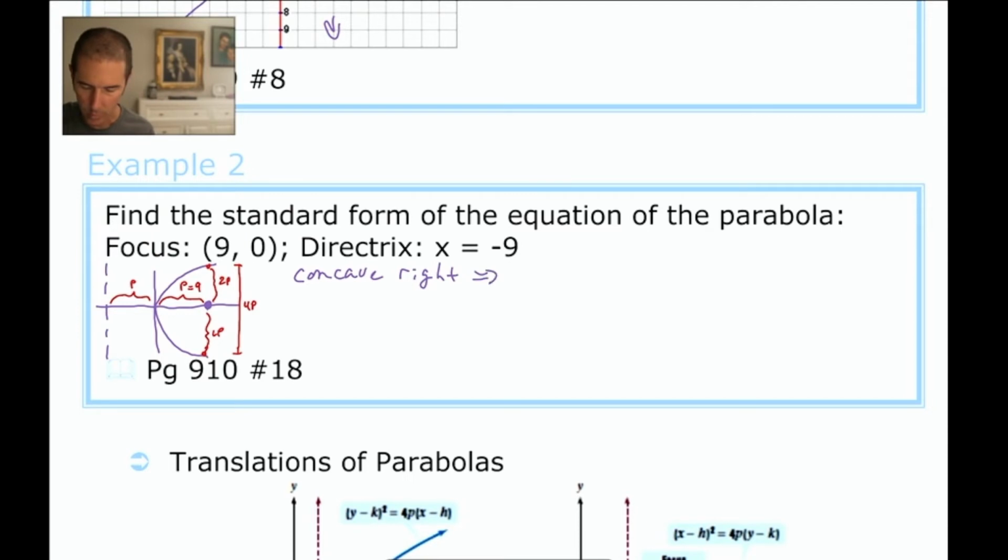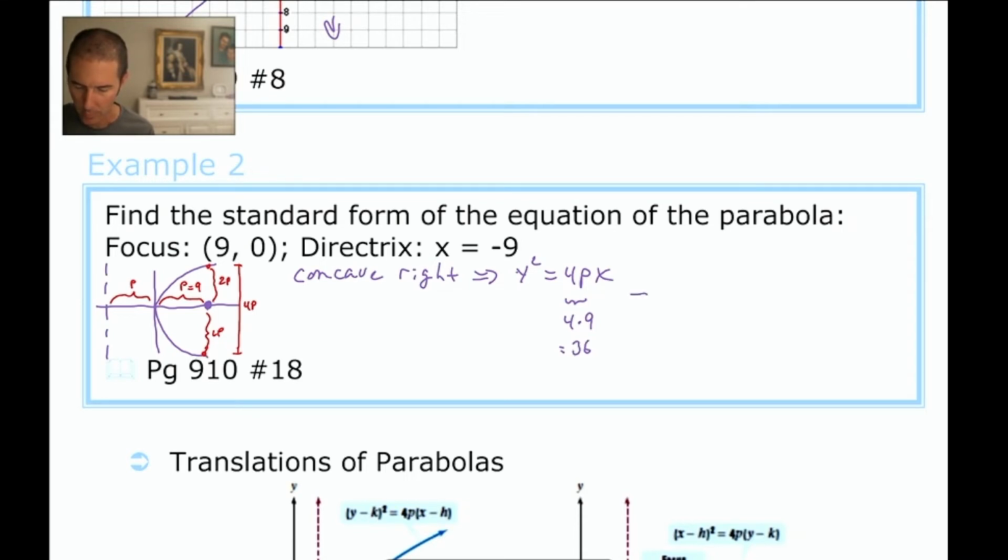Therefore, I know that it's of the form not y equals x squared, but x equals y squared. And we know that 4p from our diagram that we've drawn is equal to 4 times 9, which is equal to 36.